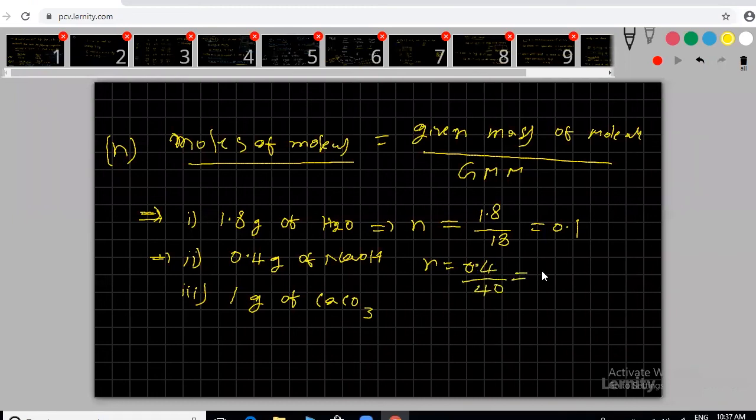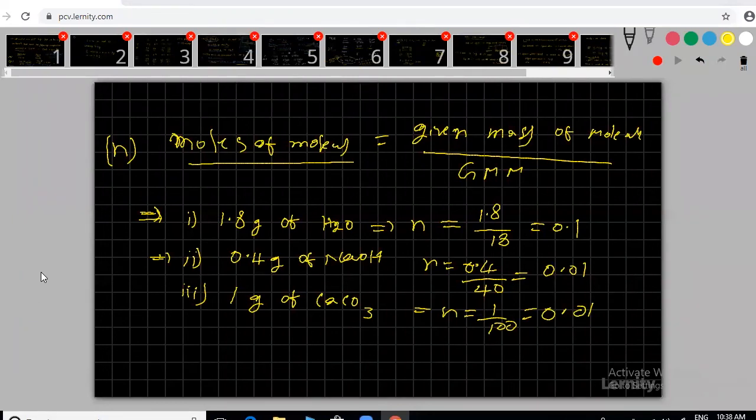So how much will you get? 1 by 100 means 0.01. Is it correct? For CaCO3, n equals 1 by 100, which is 0.01. Is it correct? Check. Very good, sir. Most of the people are giving correct answers.